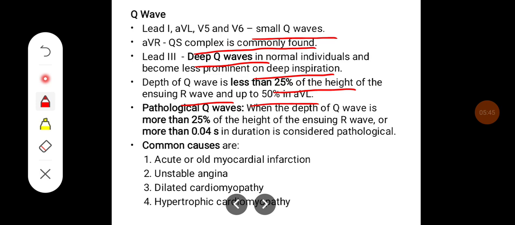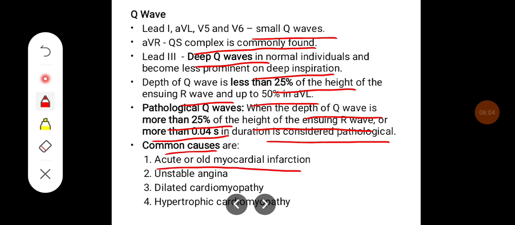A Q wave is considered pathological when it is more than 25% of the height of the ensuing R wave or more than 0.04 second in duration. Some common causes are acute or old myocardial infarction, unstable angina, dilated cardiomyopathy, or hypertrophic cardiomyopathy.